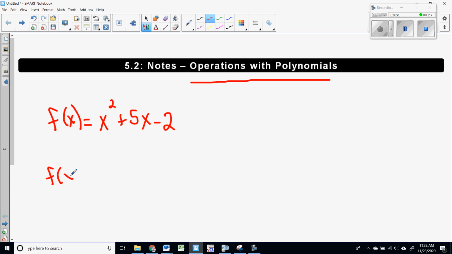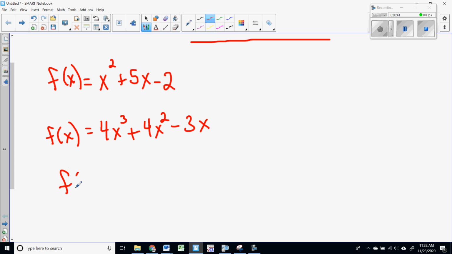Or we could have a cubic, x cubed plus 4x squared minus 3x. That's also a trinomial, 3 terms. Or we could have something with only 2 terms, minus x cubed plus 2. That would be a binomial.